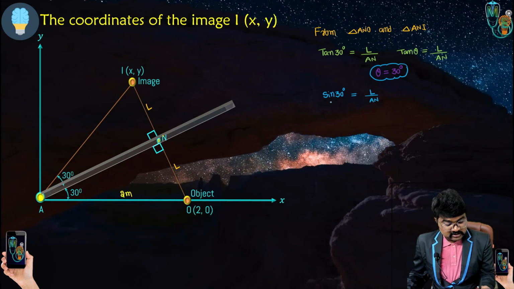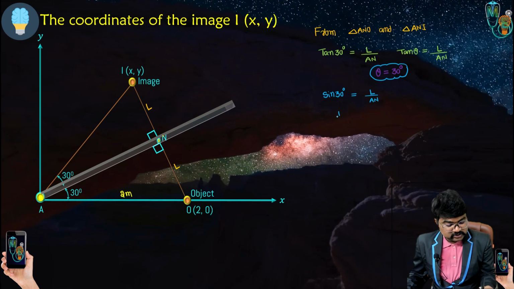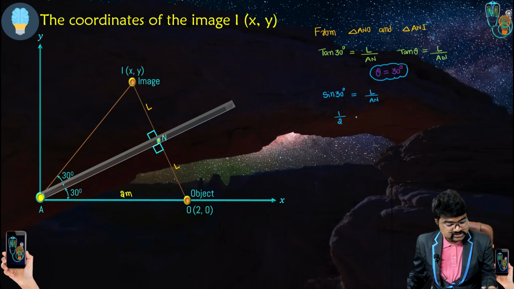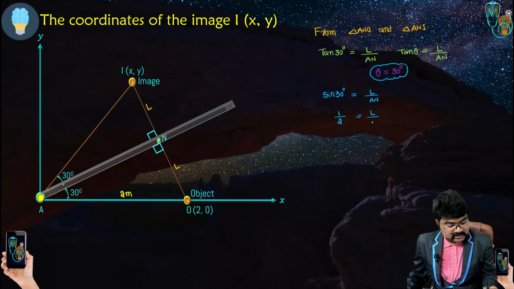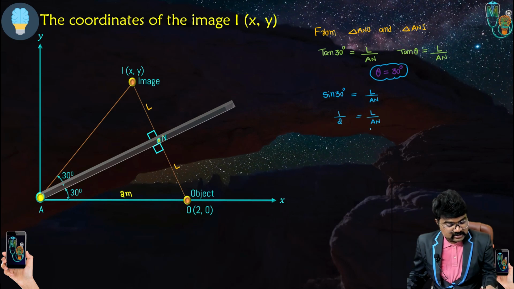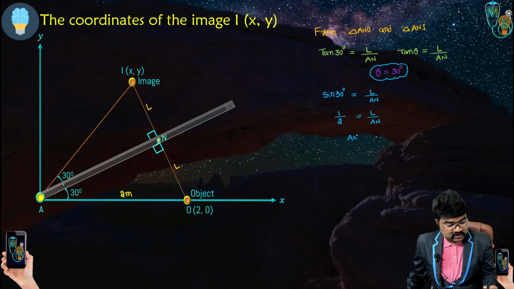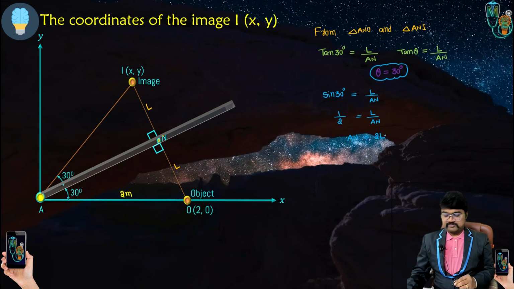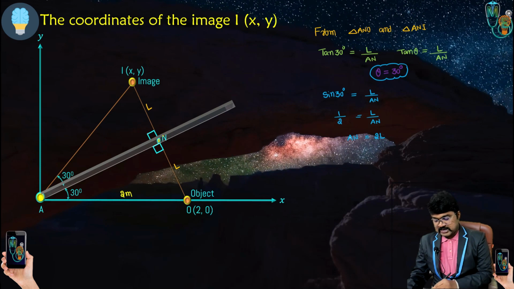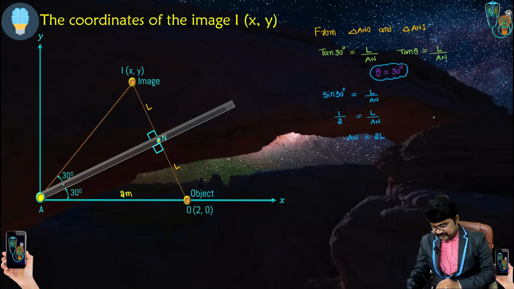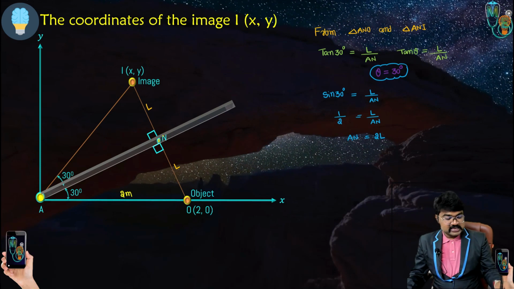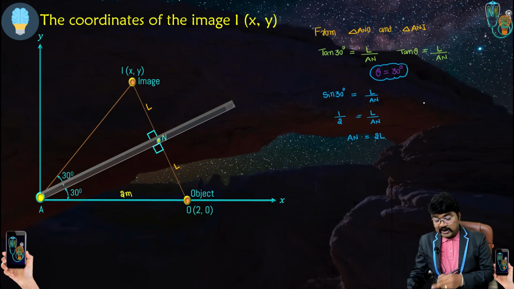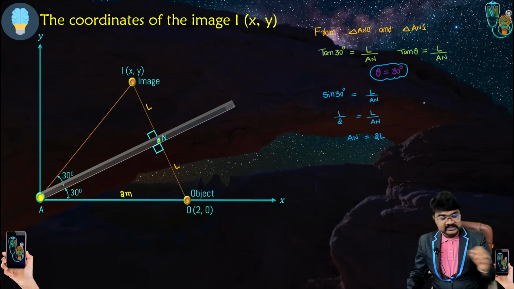So 1 by 2 equals L by AN. From here, AN equals 2 times L.